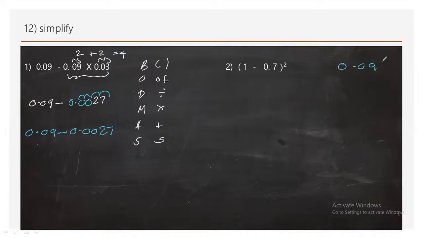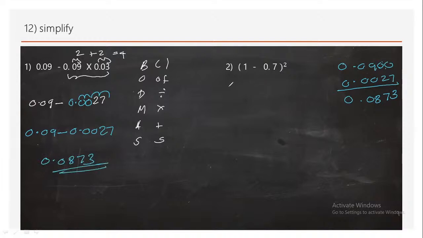Then I will add another 2 places to this side. 0.0027. 10 subtract. Here we don't have 0, then borrow 1 to here, then borrow 1 to here. 10 subtract 7, 3. And here remaining 9. 9 subtract 2, 7, 8. Then 0. 0.0873 is the answer here.